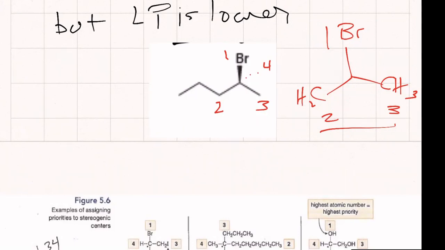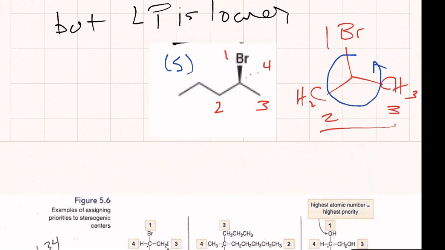So if I count to 3, which way am I counting? Clockwise or counterclockwise? Counterclockwise. Good. So the configuration on this stereoisomer is going to be S. Are we okay with that? Yes. Okay. Any questions about it?